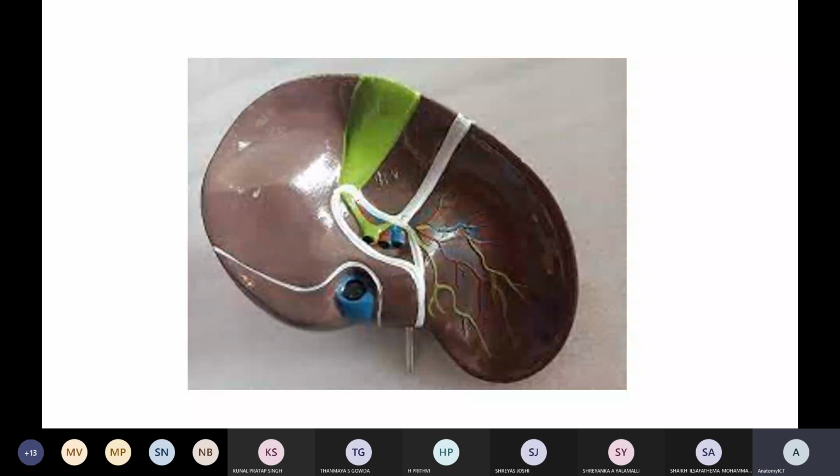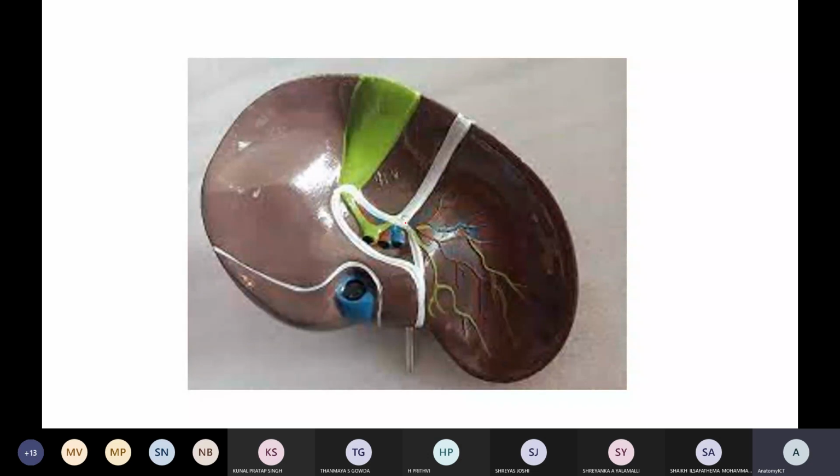Now there is a port. Port means something is passing inside or coming outside. So this is called porta hepatis. Port is like an airport, right? Something coming and going outside, like a harbor's port. The same thing, the porta hepatis.